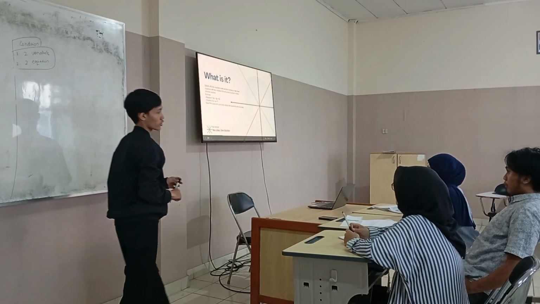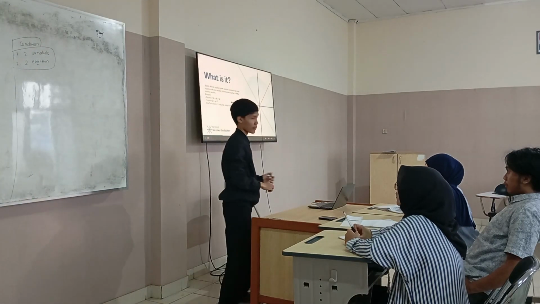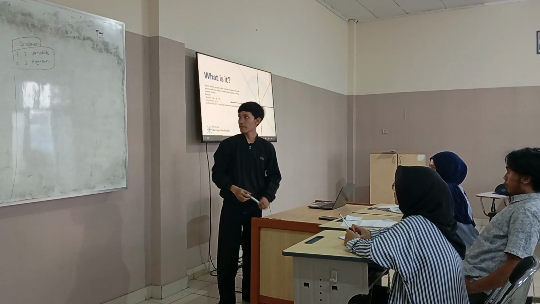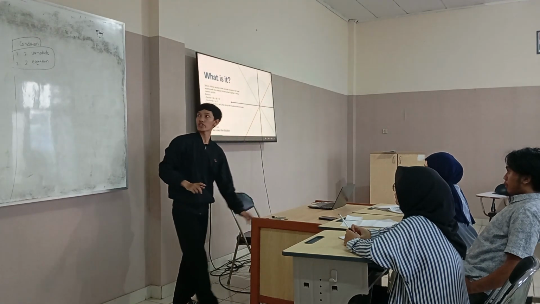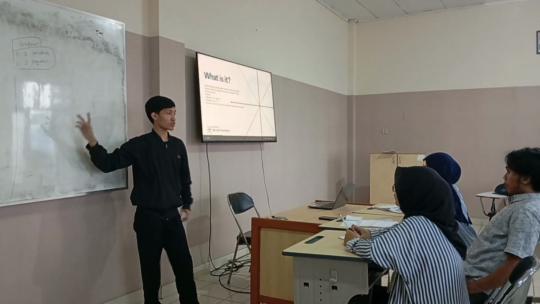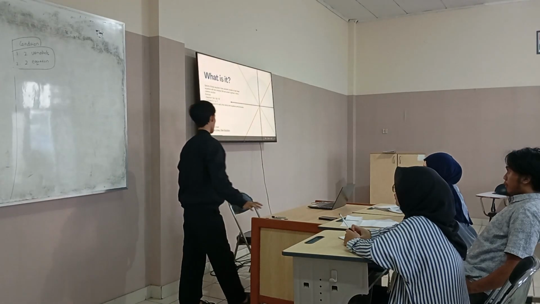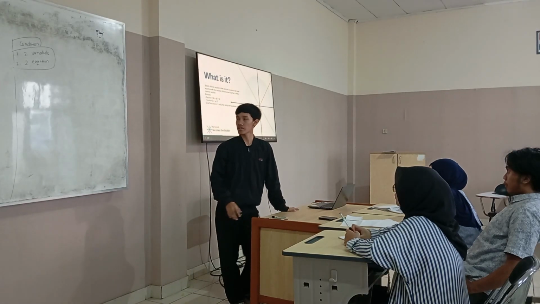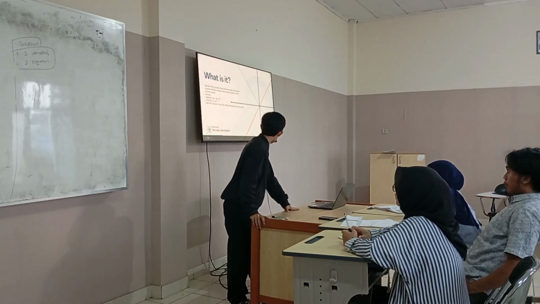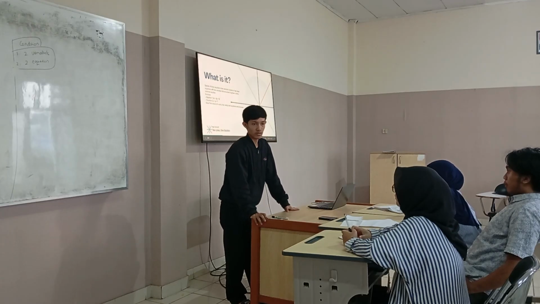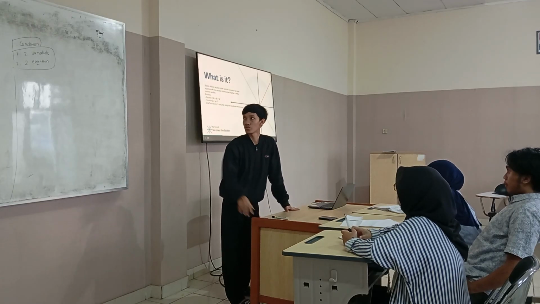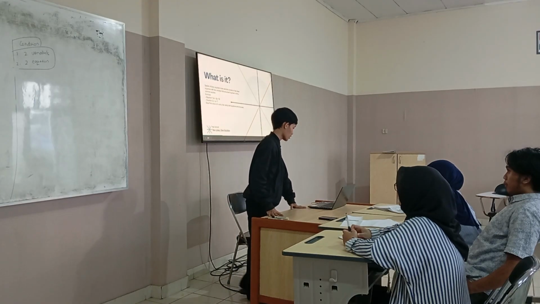Don't forget to write it in your notebook, because if an equation doesn't contain two variables and two equations, that is not a system of linear equations in two variables. So don't forget to write this in your notebooks.